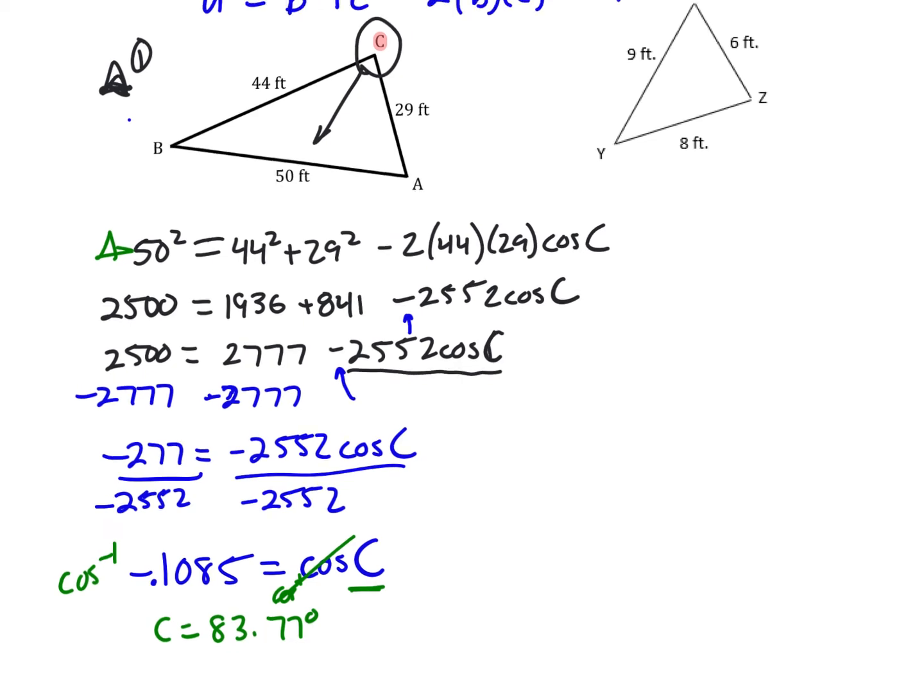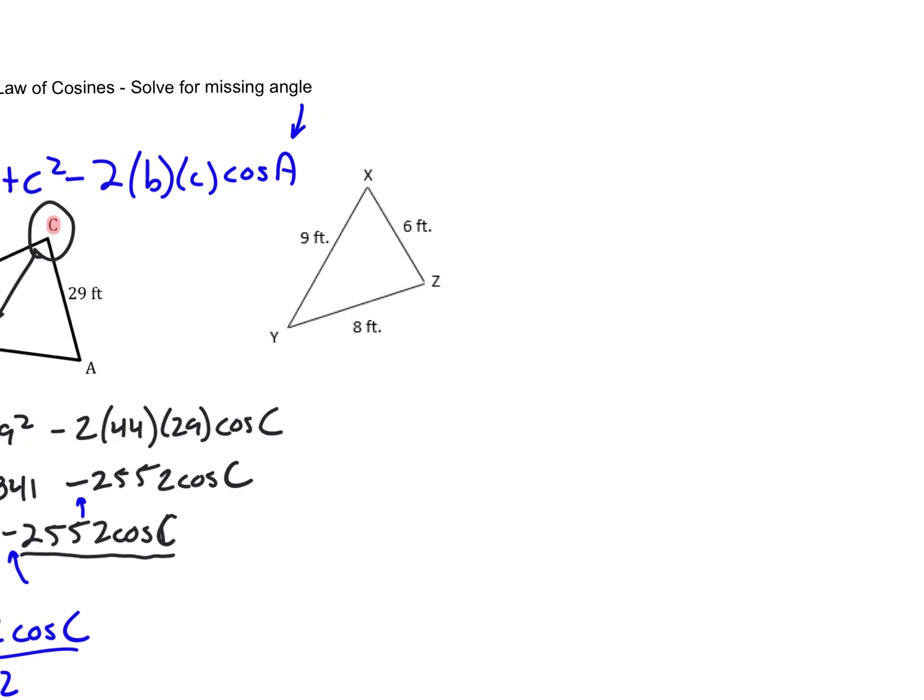Now, if I look over here, let's just say that I want to figure out angle Z. Well, if that's the case, then that becomes that c squared.